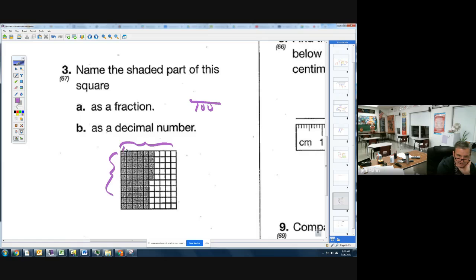Well, this is 10 in this row, 10 in this row, 10, 20, 30, 40, 50, 51, 52, 53, 54, 55 of the 100 squares are shaded, and that as a decimal number is 55 hundredths, or 0.55. Fraction and decimal.